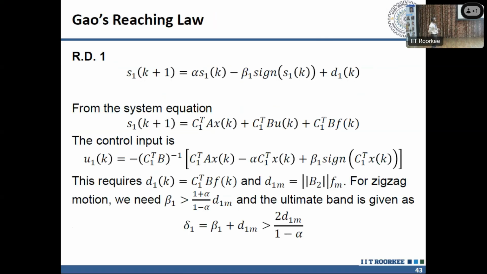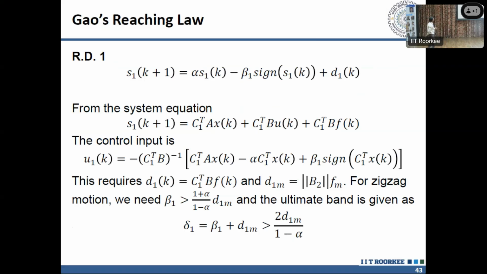For Gauss reaching law, also we can do a similar type of analysis. With RD1, we have written the Gauss reaching law a bit differently. You can see alpha, beta, this way we have written rather than 1 minus p tau and k tau. This is also one way you can write it.